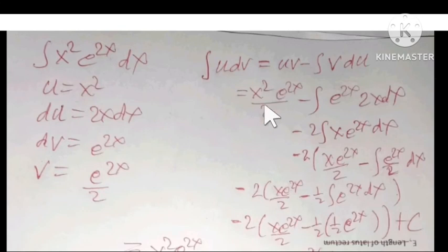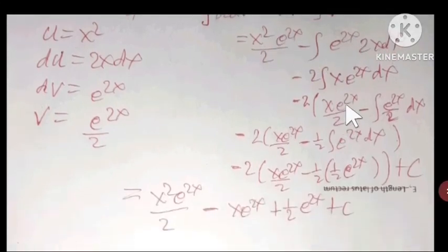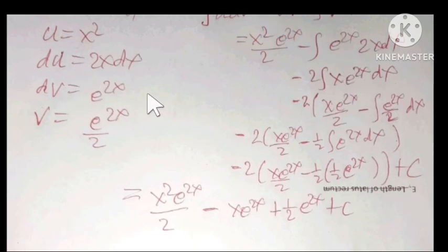This is not the end part, so continue the property from the previous one. Then 2 is a constant number, so minus 2 times the integral of x e to the power of 2x dx. So we continue with the previous property again.